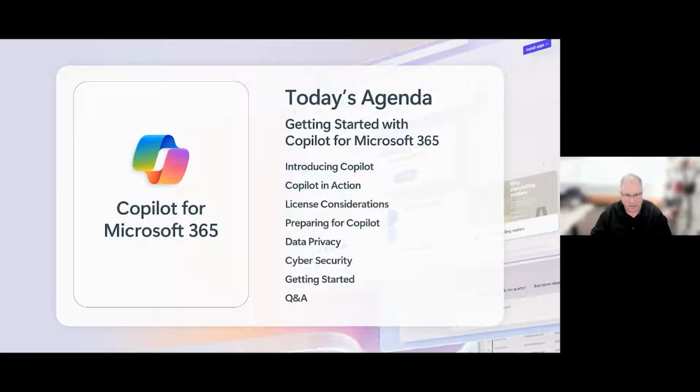We'll talk about license considerations and some prerequisites. And then we'll talk about how to best prepare for Copilot, some of the data privacy and cybersecurity considerations that we need to discuss, and then some tips and tricks on getting started with a partner, getting started internally with some pilot groups and teams like that, and then we'll leave some time for Q&A.